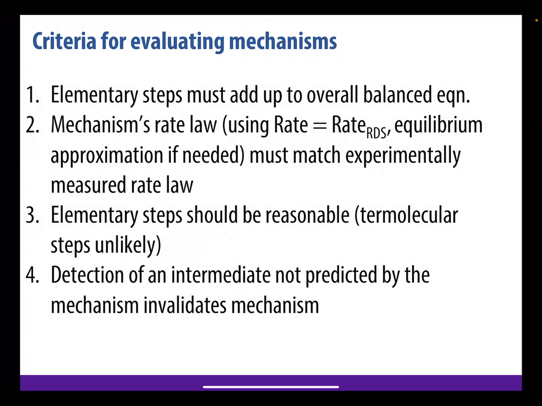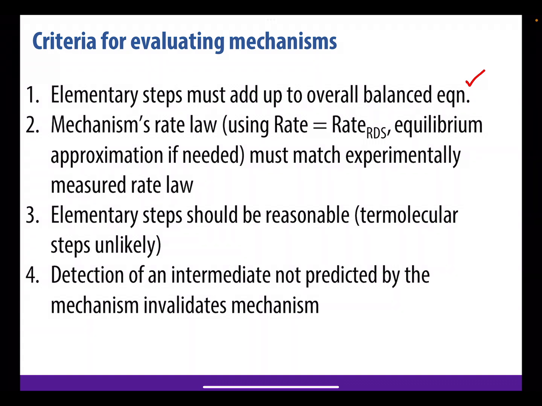Okay, number 1, the elementary steps must add up to the overall balanced equation. Number 2, the mechanism's rate law, using the fact that the rate of the overall reaction is equal to the rate of the rate determining step, must match the experimentally measured rate law. When we're evaluating mechanisms, we have that first factor that the elementary steps must add up to the overall balanced equation. That's what we've looked at before.